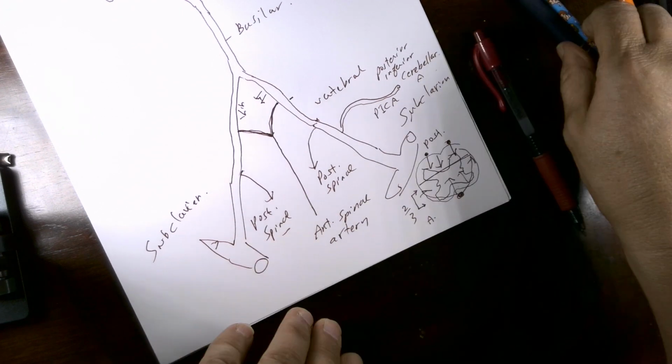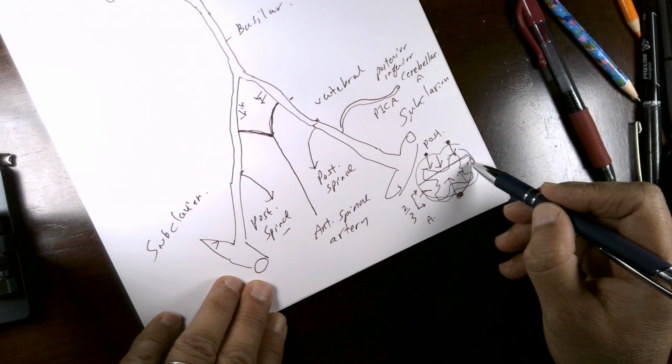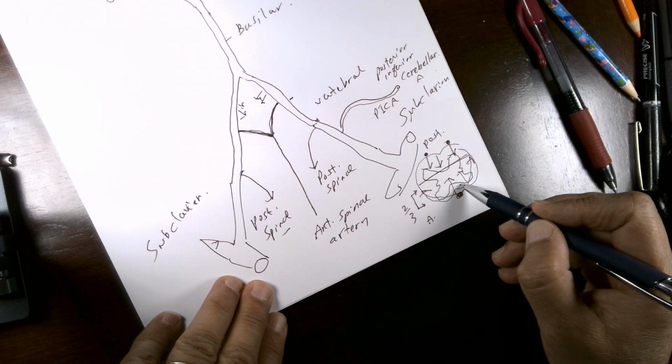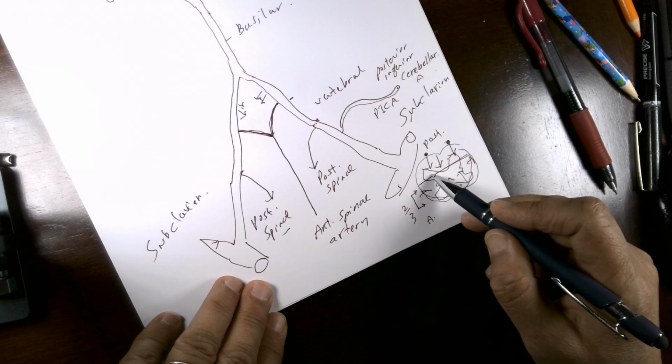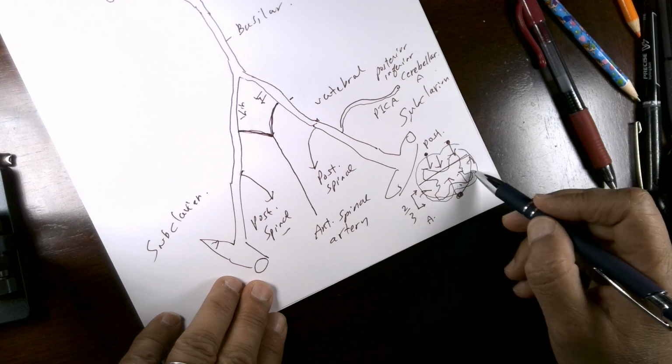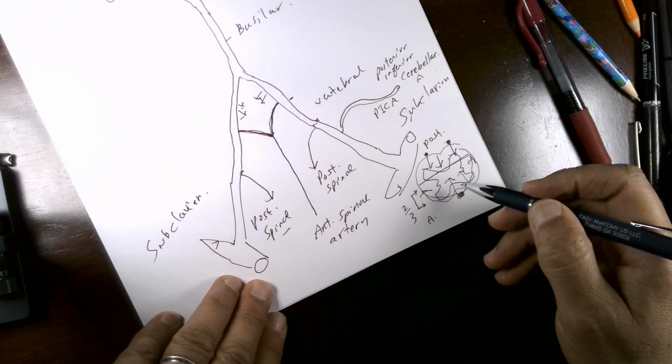What does this mean? It means that the lateral column of the white matter, the anterior column, the ventral horn, the lateral horn, all of this is supplied by the anterior spinal artery. That's why we have a big syndrome called the anterior spinal artery syndrome.